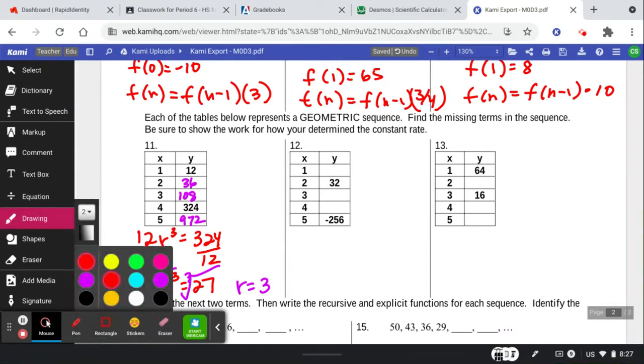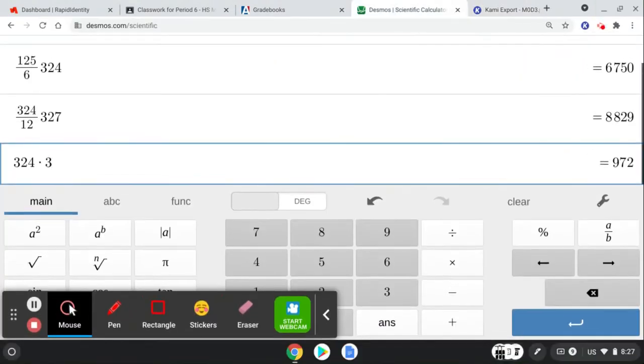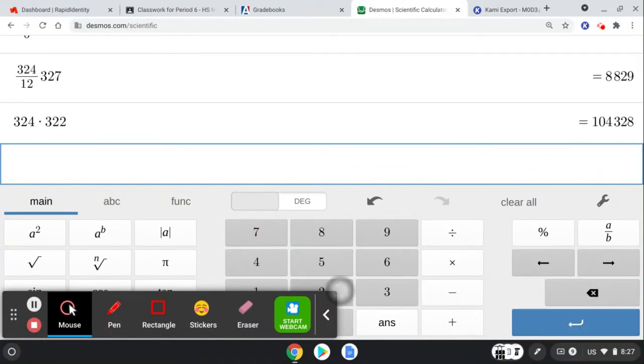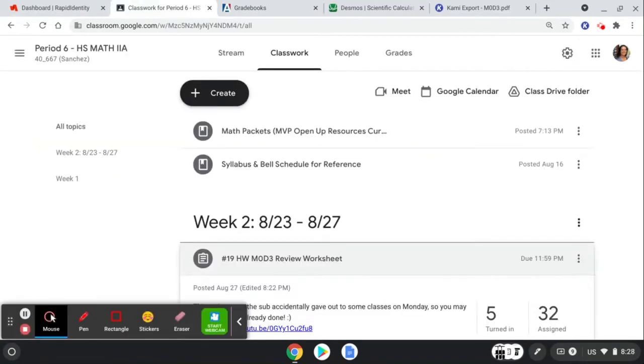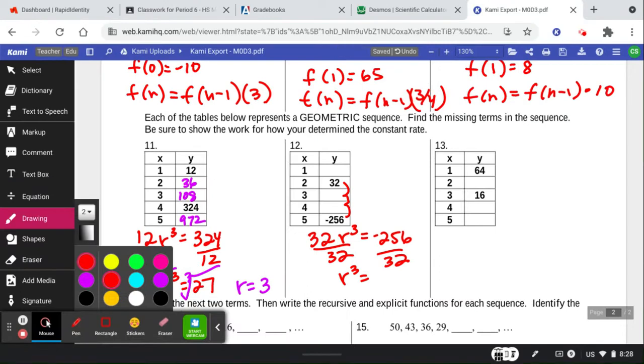Okay, let's see how you did. Begins at 32, 1, 2, 3 jumps, ending at negative 256. So this time our r cubed is negative 256 divided by 32. So it's negative 8.